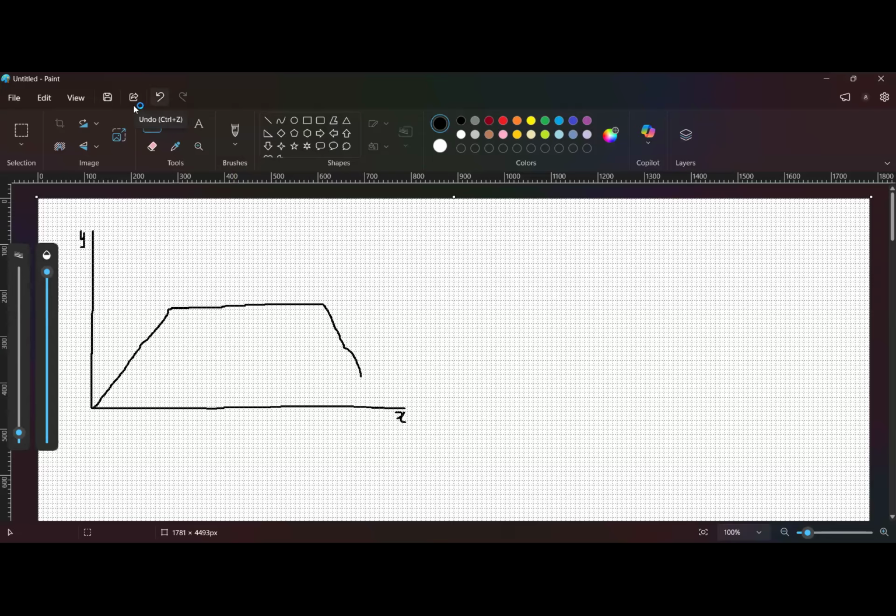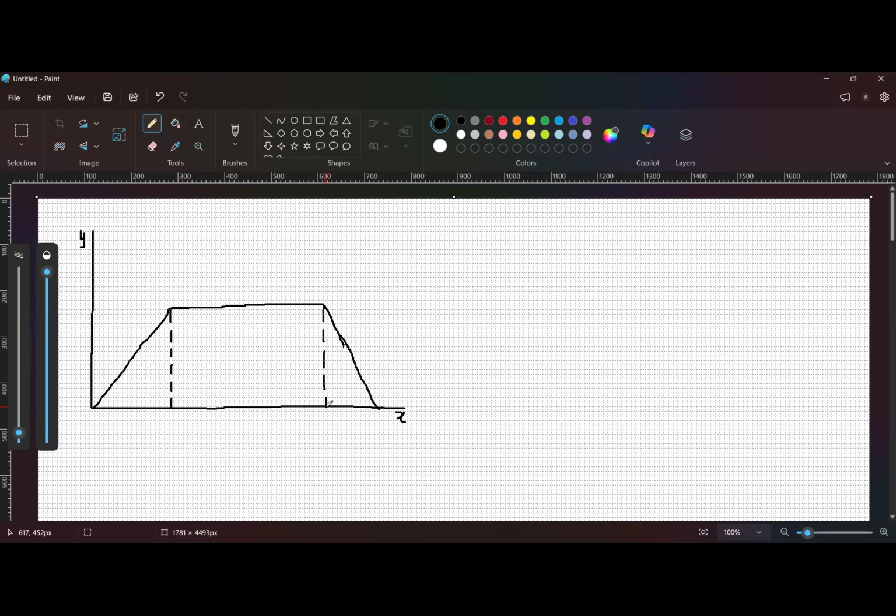Sort of, yeah. Let me finish up the graph. It looks something like this, and then something like this, right? Yeah.